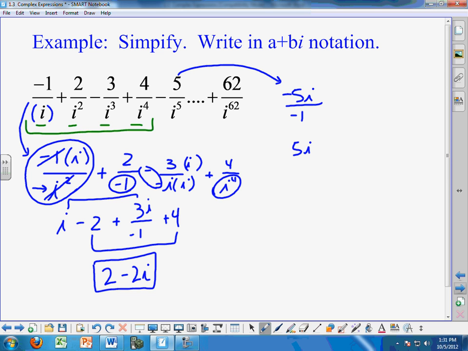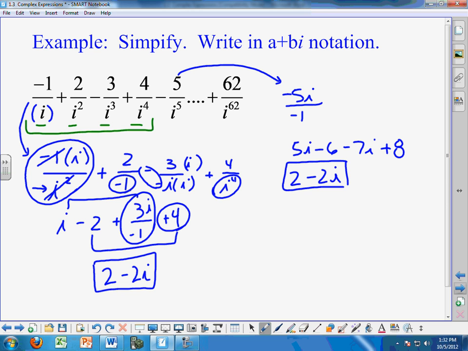The negative showed up in the bottom, and then we got 2 over -1, or -2. And again, the next term is i to the sixth, and there's a 6 in the numerator, so that's going to be -6. The next term came out to be a -3i, so we should get a -7i, and the last term was just a 4, and so we should come up with an 8. And as we see the pattern developing here, we see 2 minus 2i once again.